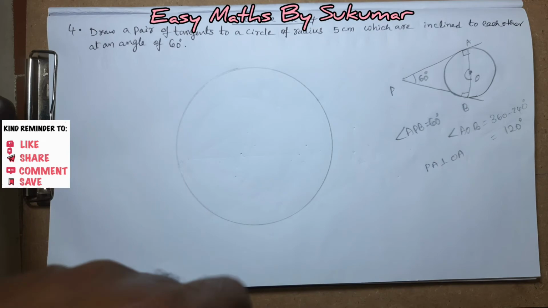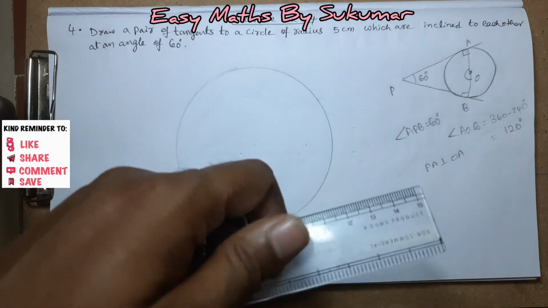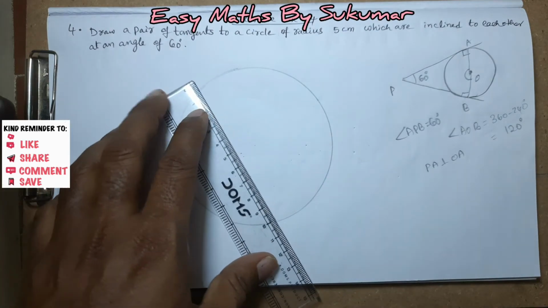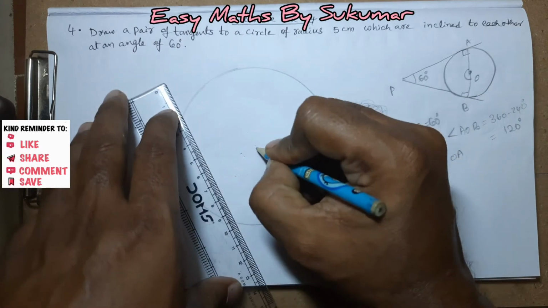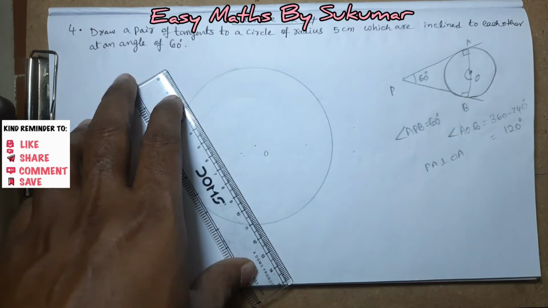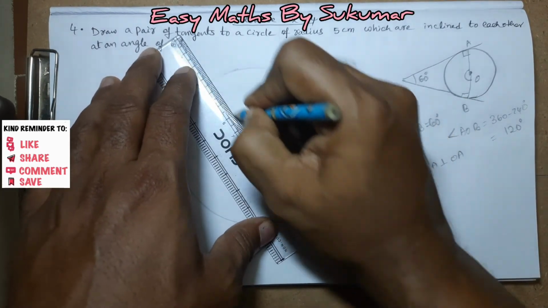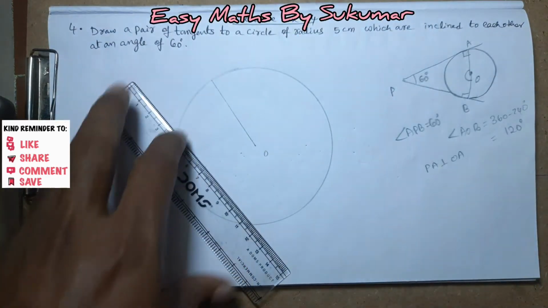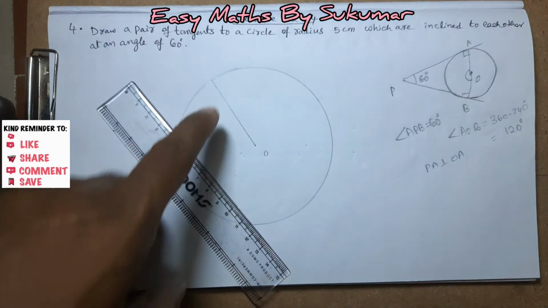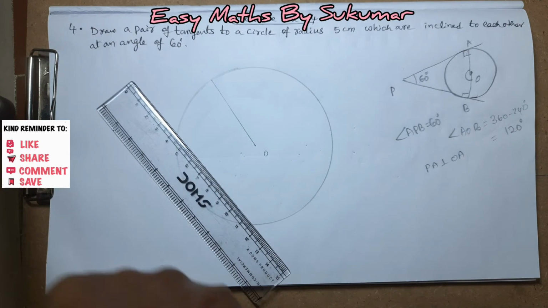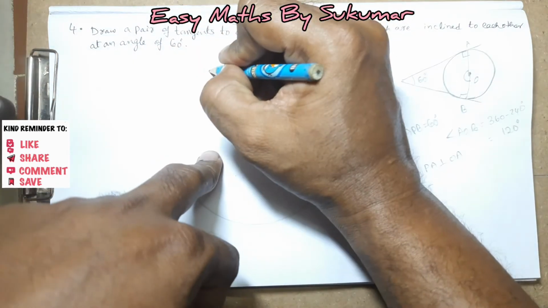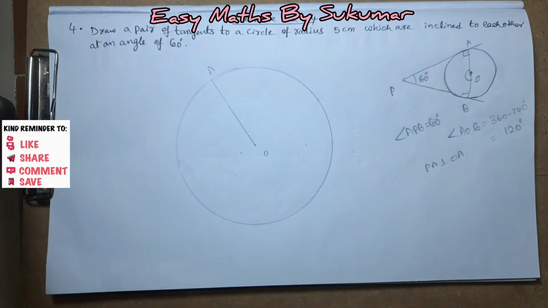We don't know the external point, but this is the center of the circle O. Take a point on the circle and join this AO.